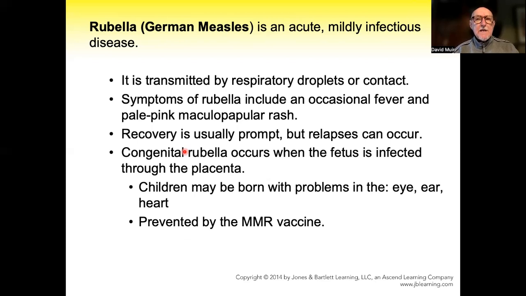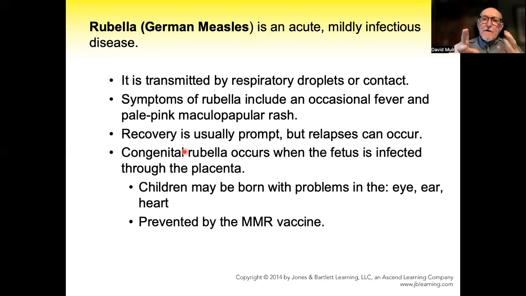And this is particularly dangerous in women who are pregnant, because it can cause all sorts of problems in the fetus. It can cross the placenta, and it ends up causing eye, ear, heart, even deformities of the extremities.